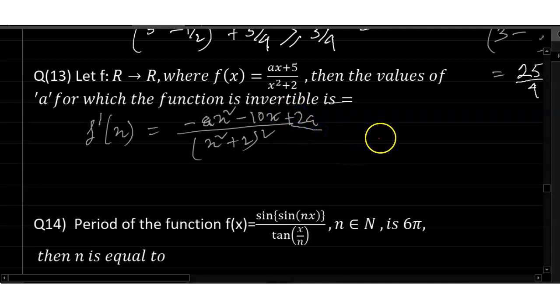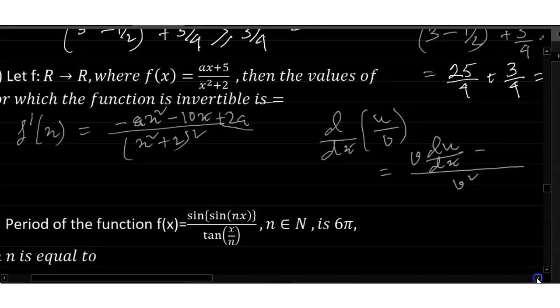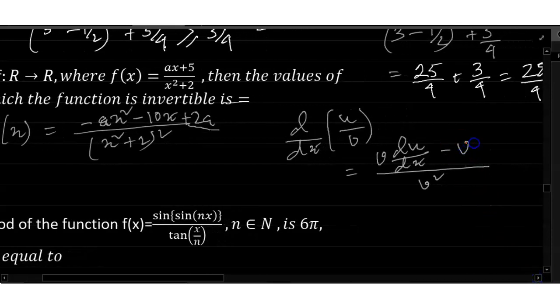How do I get this, friends? I use d/dx of u by v equals v squared into du by dx minus u into dv by dx. So I get these equations from using this formula.